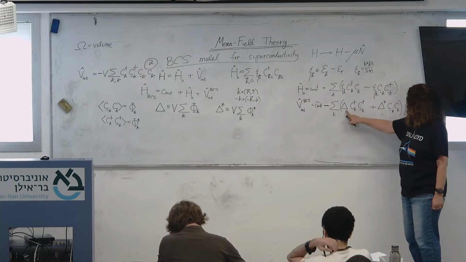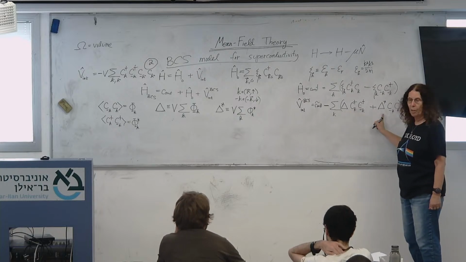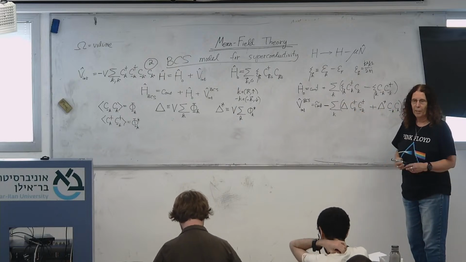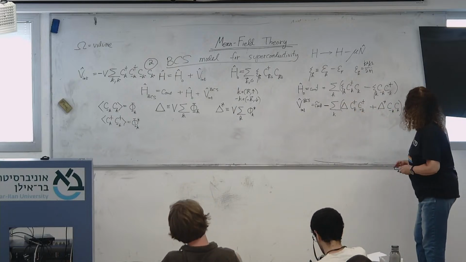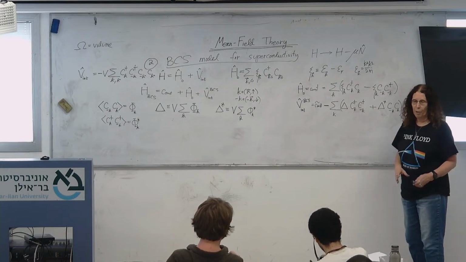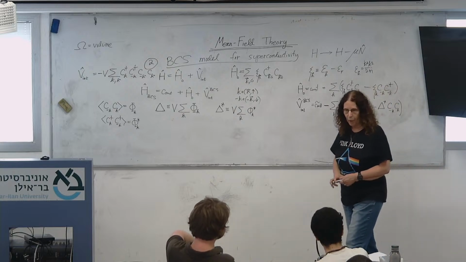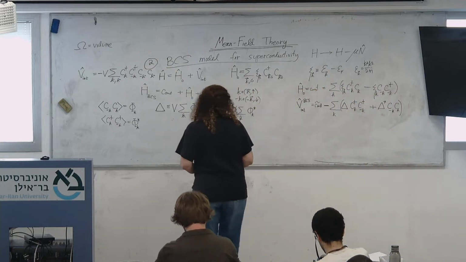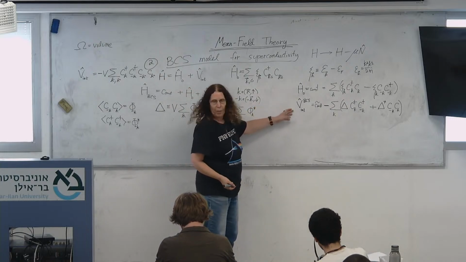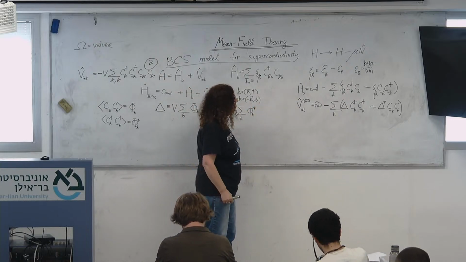Okay, and now delta is a number, it's a parameter. This is a Hermitian Hamiltonian, completely legitimate in that sense, but it has a parameter that is allowed to be a complex number. Okay? Great. So I'm going to take H naught plus V interaction in the BCS limit.